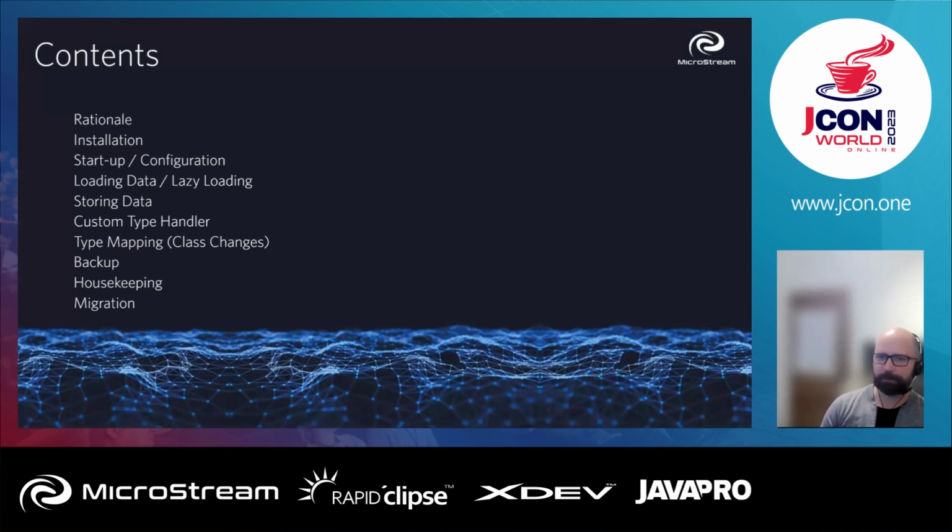So EclipseStore is the successor project of MicroStream. MicroStream itself moved over to the Eclipse Foundation and was split into Eclipse Serializer and EclipseStore. And it's basically the same code base, except it's living in a different namespace, of course, and has different package names. And the migration is pretty easy. We have a tool for that.